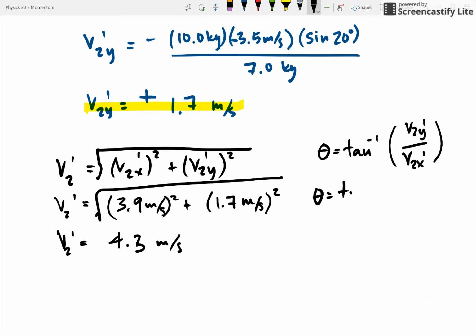So tangent inverse of 1.7 divided by 3.9. And so this wraps up our question. Shift tangent, 1.7 divided by 3.9, and this is 20 degrees.